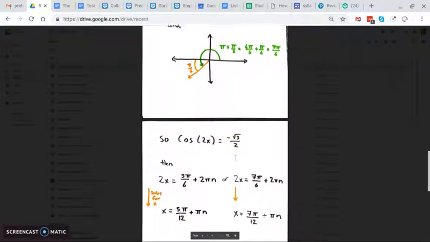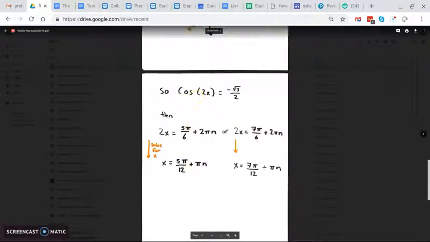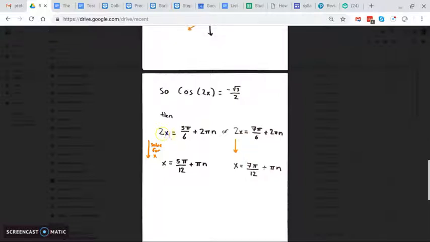So what this means is our solutions to this equation are going to be 2x is equal to 5 pi over 6. And then every 360 degrees, or every 2 pi radians, we're going to have another solution. So we write plus 2 pi n, which just means if I go another full circle, I'll have another solution. And you might be like, well, we only want to find solutions from 0 to 2 pi, so why would we do that?